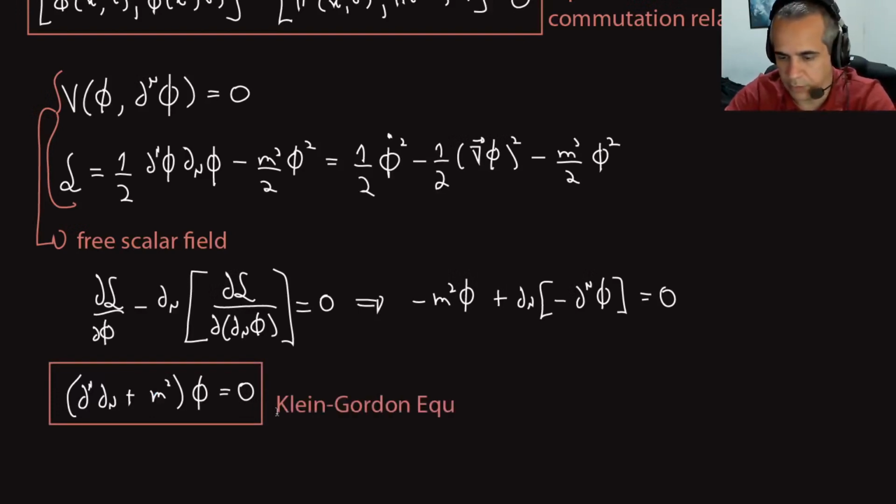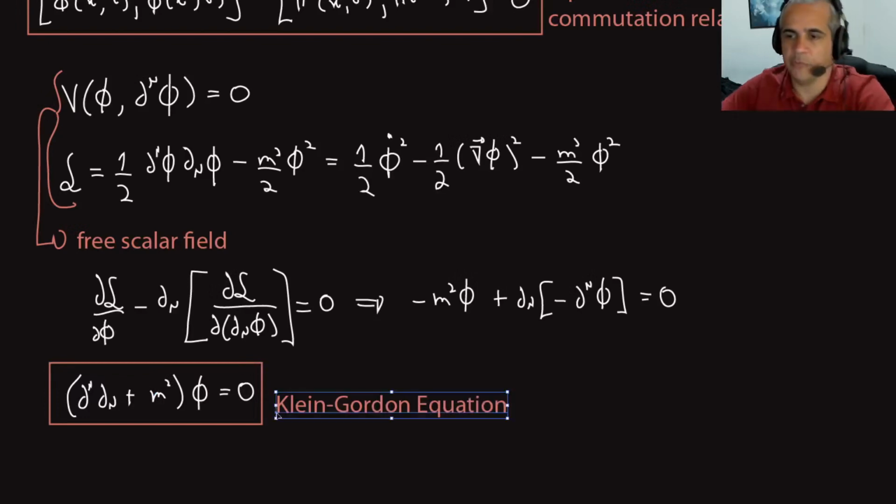So now we at least have a very good clue to what we're dealing with here, at least in the simplest case, which is the potential going to 0. This is just the Lagrangian that gives you the Klein-Gordon equation.